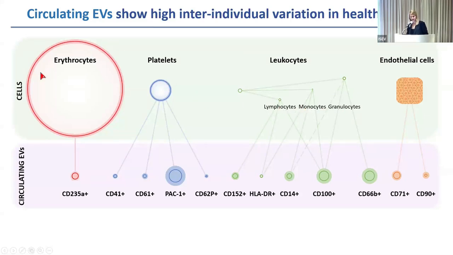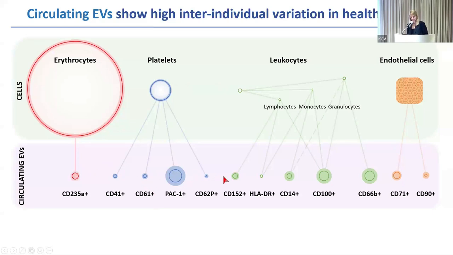The sizes of the circles with this full line indicate the concentration, while the shadows around this line indicate the CV, the coefficient of variation. From this blood, we also analyzed phenotyped EVs in plasma.